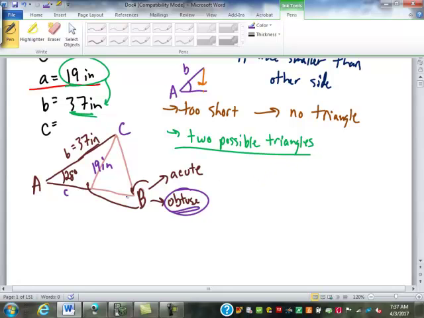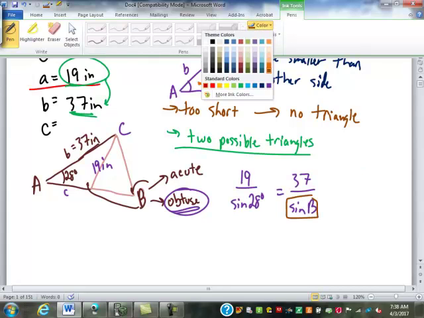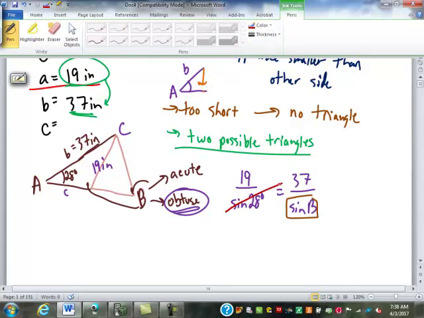Okay. So then, we have side A, which is 19, over the sine of angle A, which is 28 degrees, is going to equal side B, which is 37, over the sine of angle B. So now we are solving here for a missing angle, which means we're going to cross multiply and divide, but then we're still going to have to do an inverse sine.